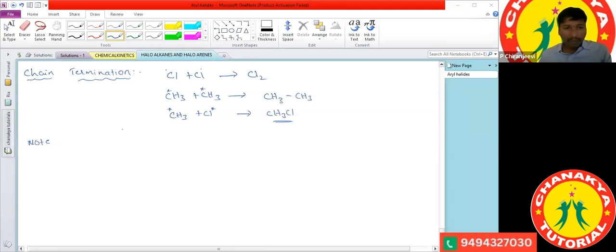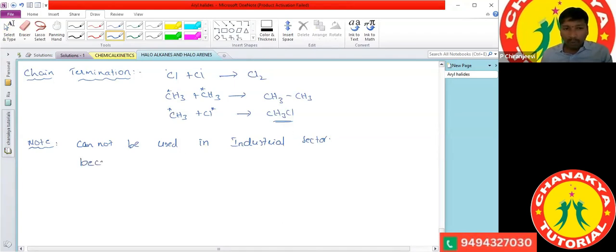So what is the exception case for the free radical mechanism? Free radical mechanism cannot be used in the industrial sector. Why can we not use it in the industrial sector?